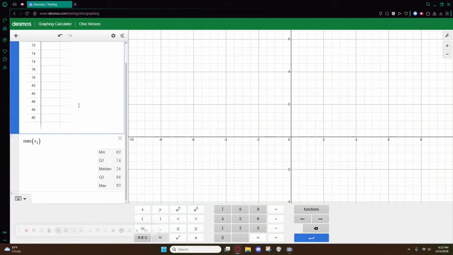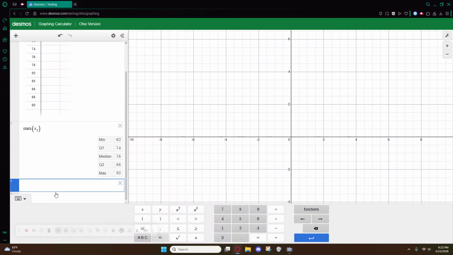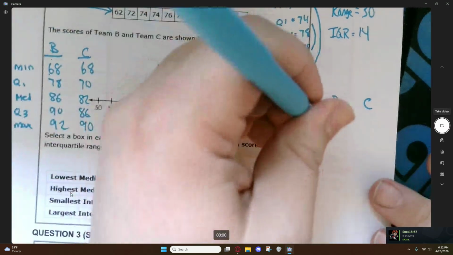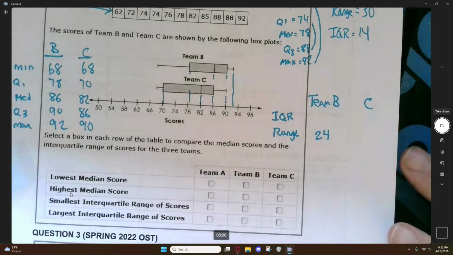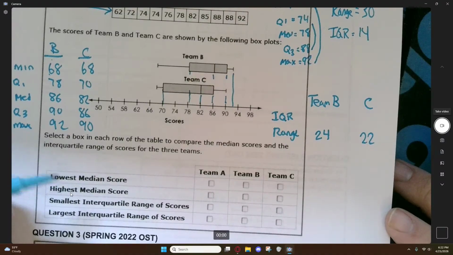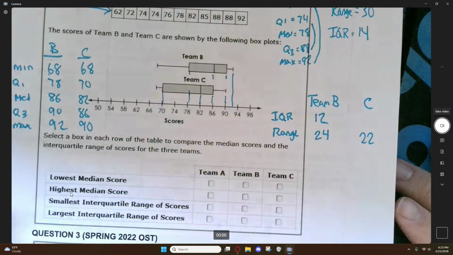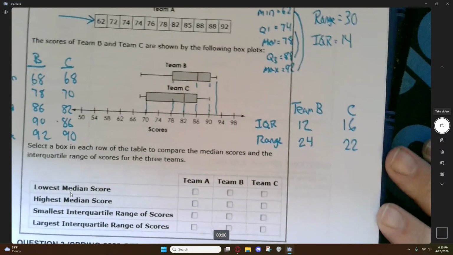Let me double check my math here in Desmos. 92 minus 68 is 24. Team C's would be 90 minus 68, which would be 22. The interquartile range, Team B would be 90 minus 78, which is 12. And Team C would be 86 minus 70, which is 16. We now have all the information we need.